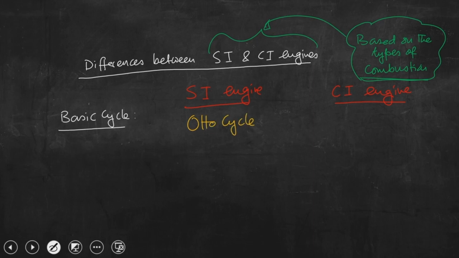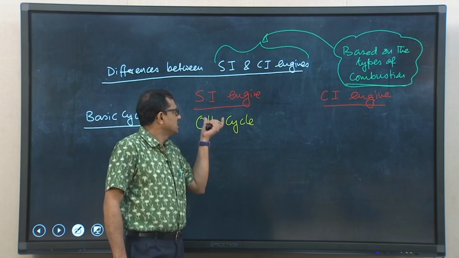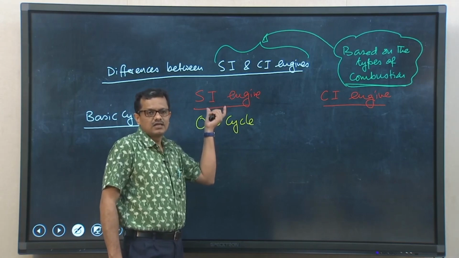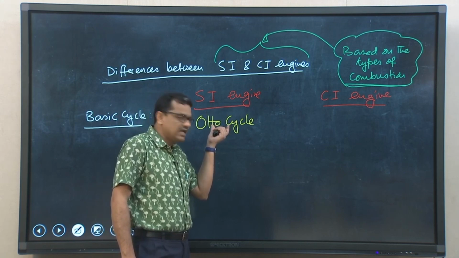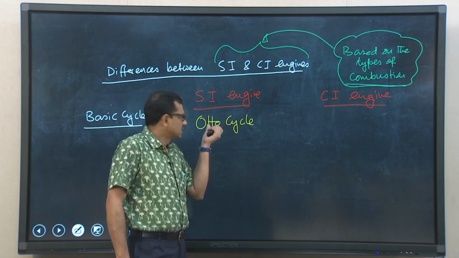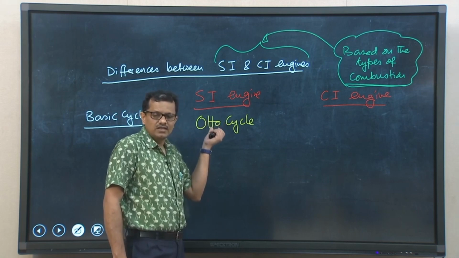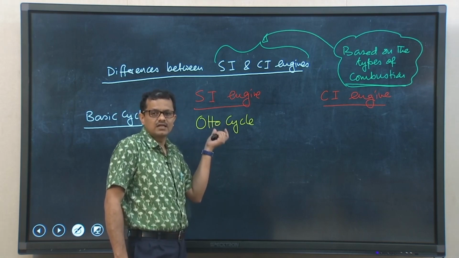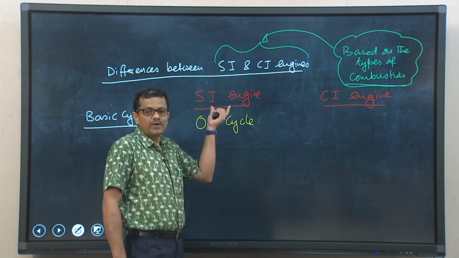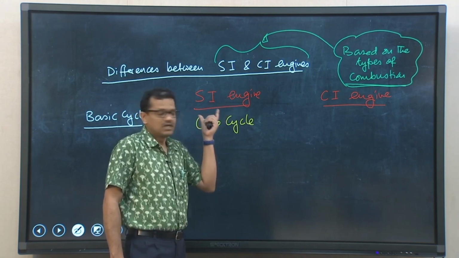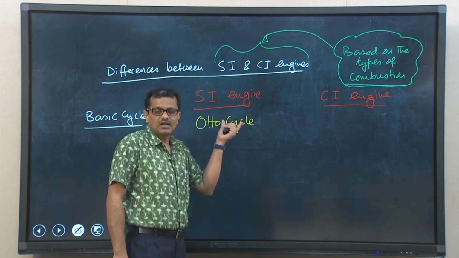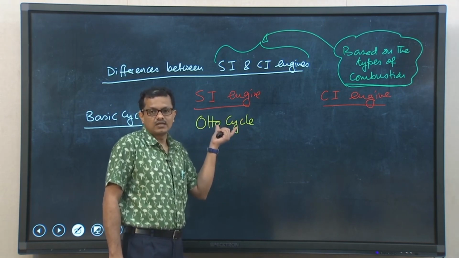The name Otto comes from a German inventor, Nicholas Otto, who is credited as the first creator of the operation of 4-stroke cycle SI engines using one particular cycle, and that cycle is the Otto cycle.